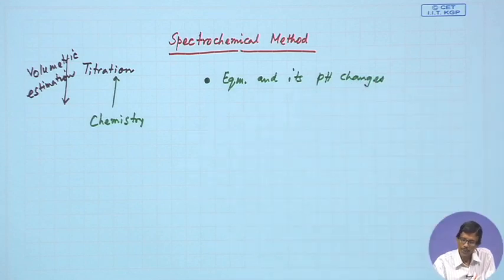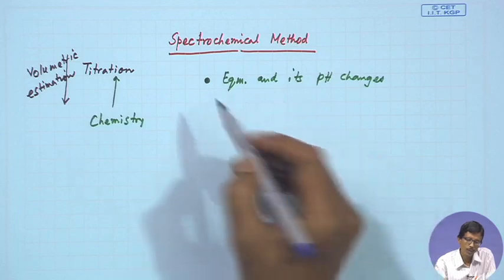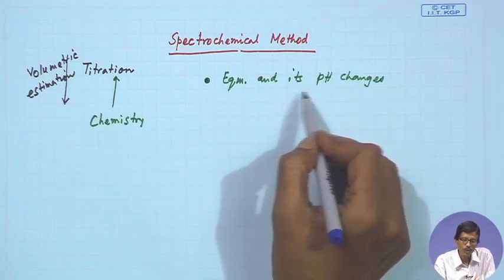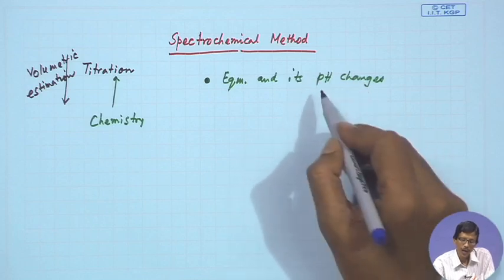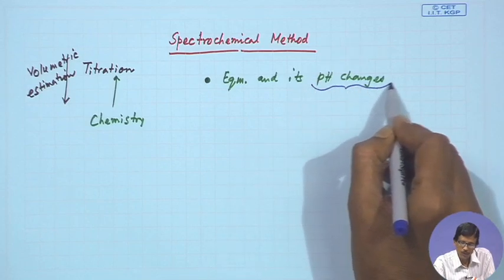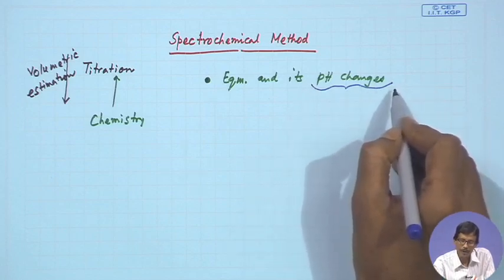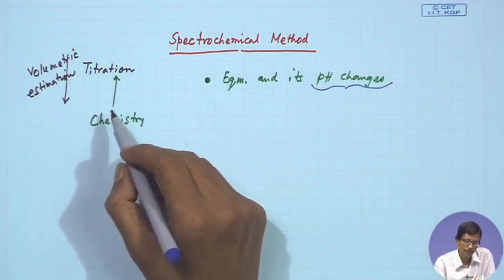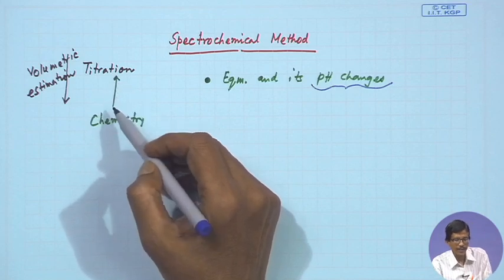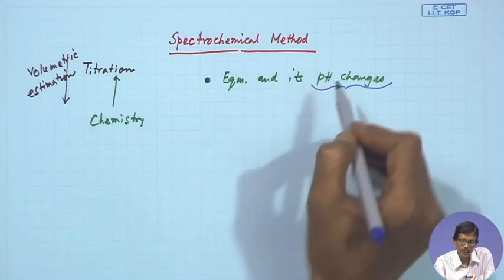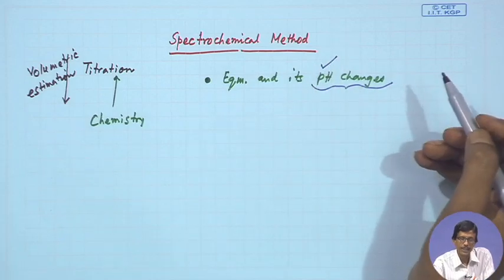So, during the titration also we will consider a typical equilibrium for this acid base reaction and how the pH is changing and how to monitor, because you have to monitor the pH change, because at the neutralization point where we consider the corresponding acid base titration reaction, your pH has a very characteristic value.